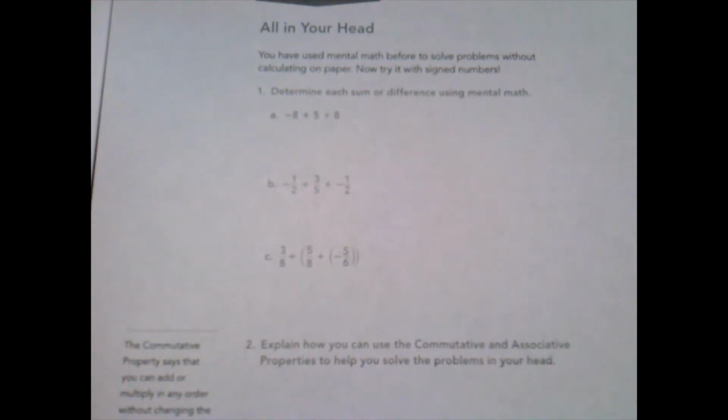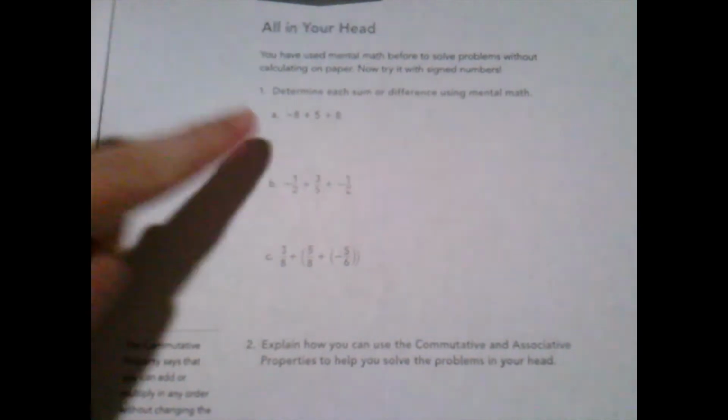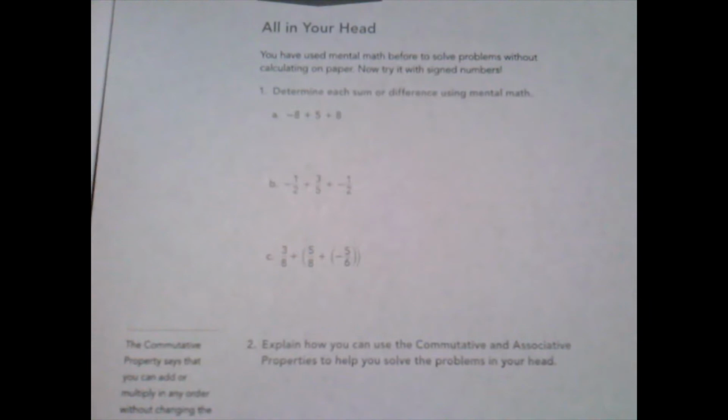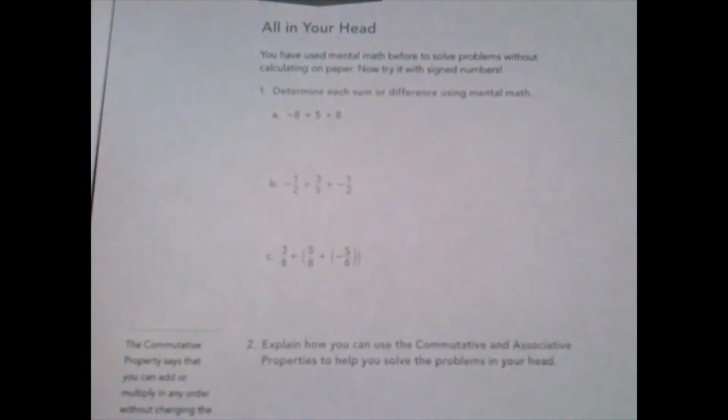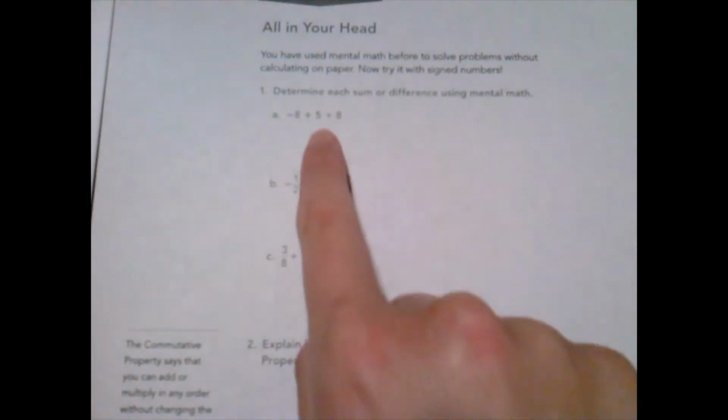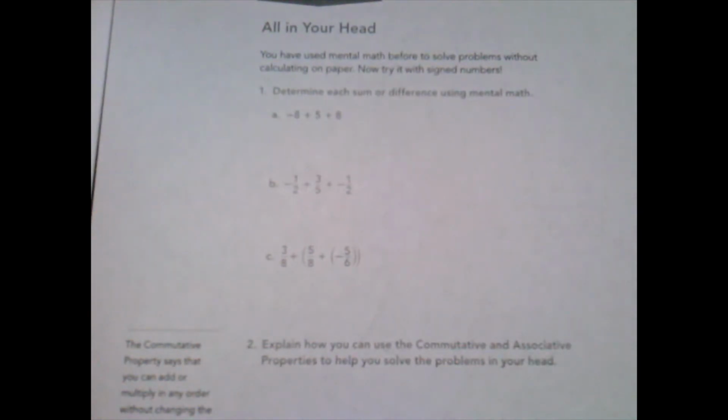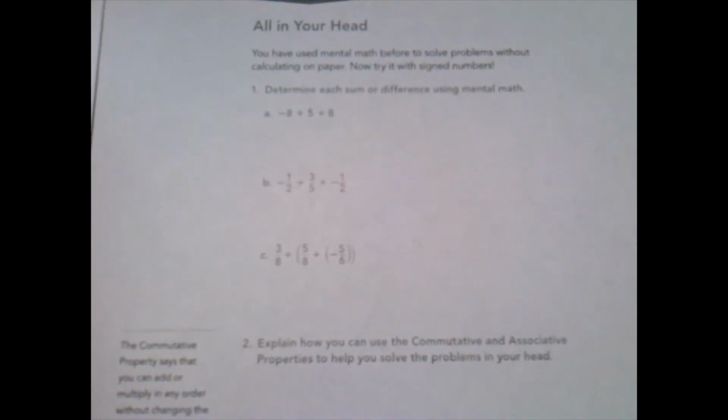what those properties are. Alright, so first, using the commutative property, we can look at negative 8 plus 5 plus 8. Well, using the commutative property, we know that negative 8 plus 8 cancel each other out to equal 0, so we are left with 5 as our answer. For B, it's a blurry yellow.